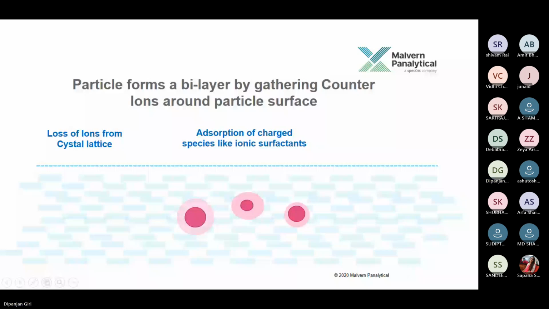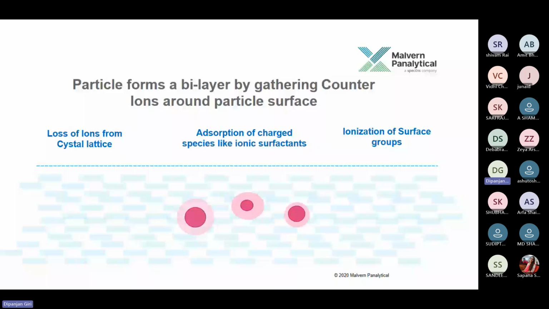So if you suspend the particle in the solvent, the charge present in the solvent, which maybe you have added extra from outside, or if it is water, simply there will be some H plus and OH minus ions, will adsorb on the surface of the particles.